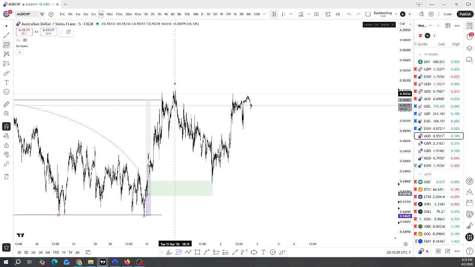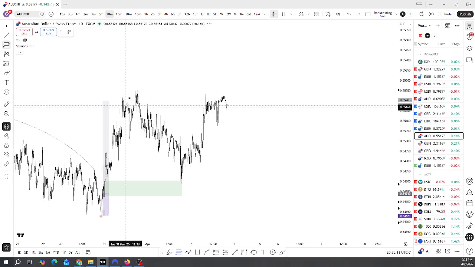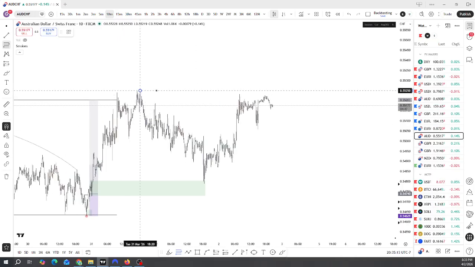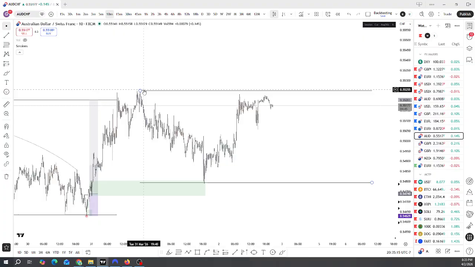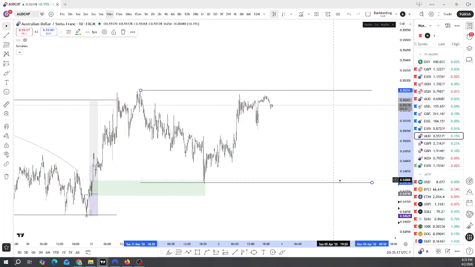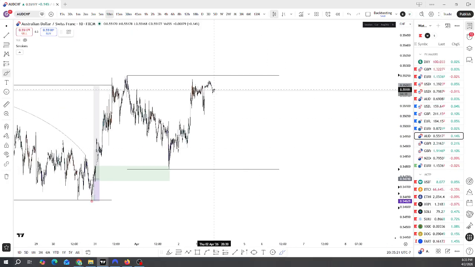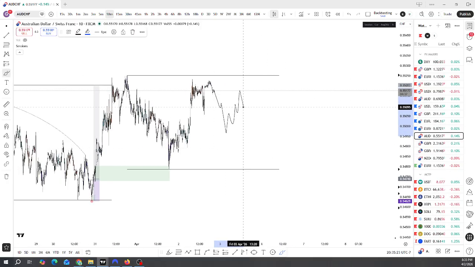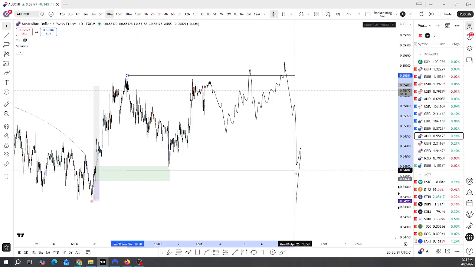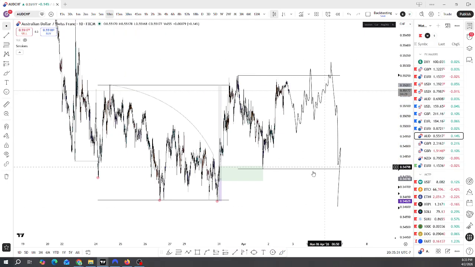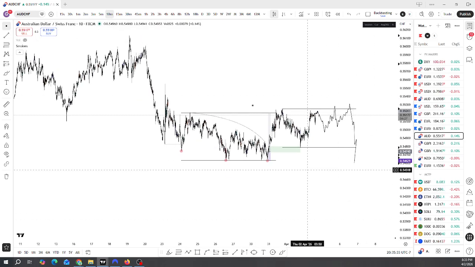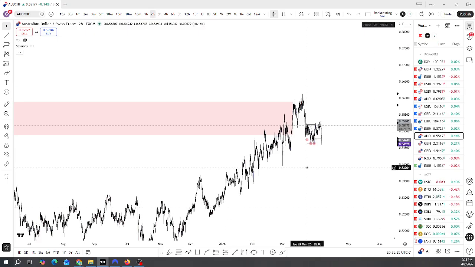And now I am watching, going forward, watching this range right here. Seeing what we can do. Maybe we can get something that looks like this and we can just continue shorting this thing all the way down.